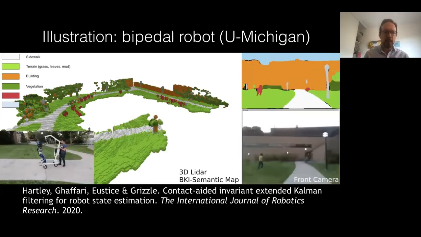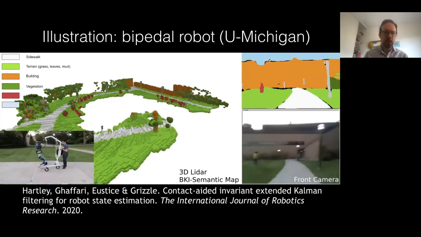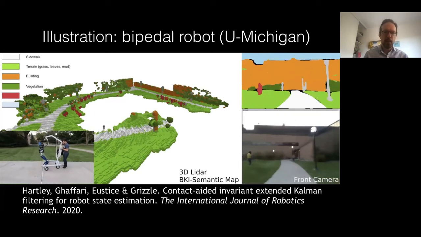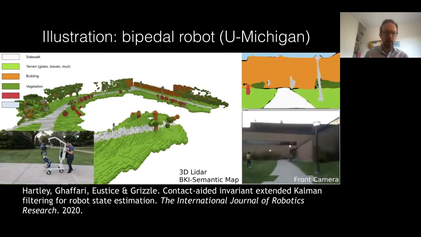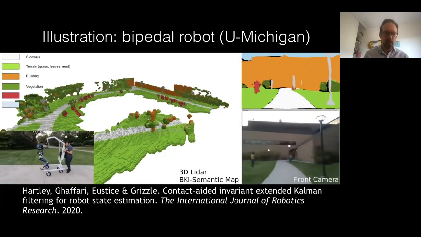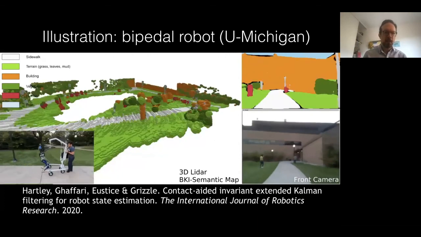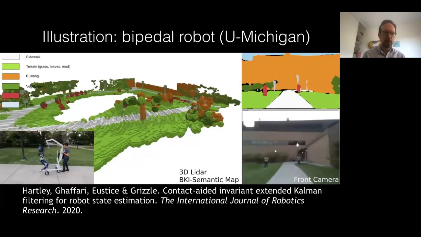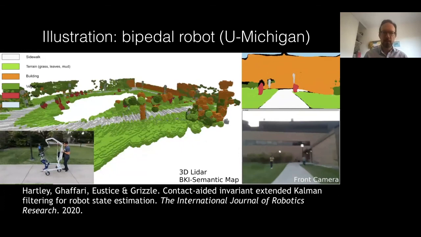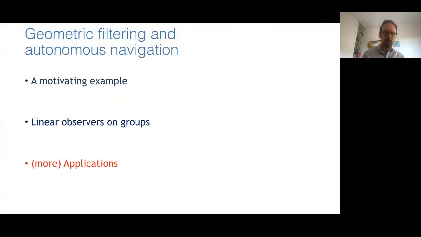And you see that by using this invariant EKF, it is able to reconstruct its environment, to locate what it observes with its sensors in a 3D map, very accurately. So this is the kind of result that you get using invariant EKF.